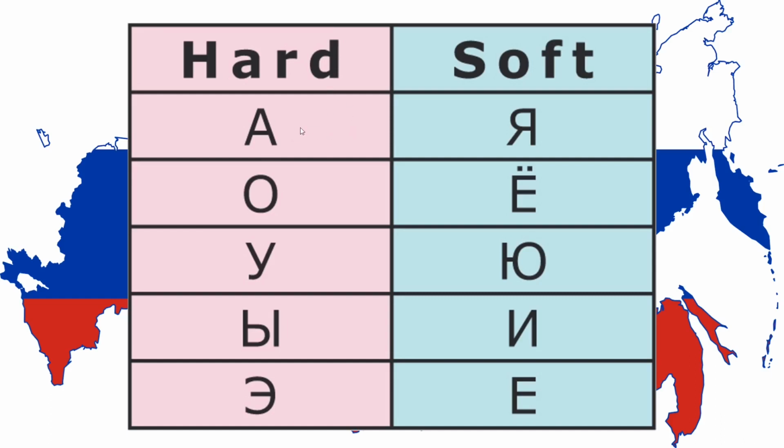So the a is hard, and this letter here, the backwards R, makes the ya sound. So the soft A would be ya, and the hard A would be a. And then the same for all these letters here.